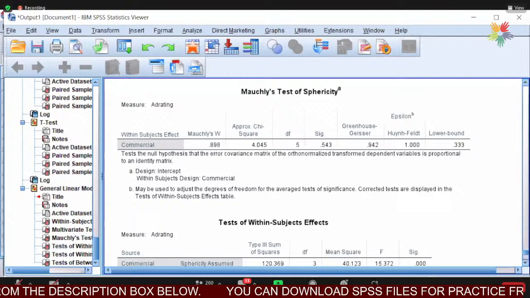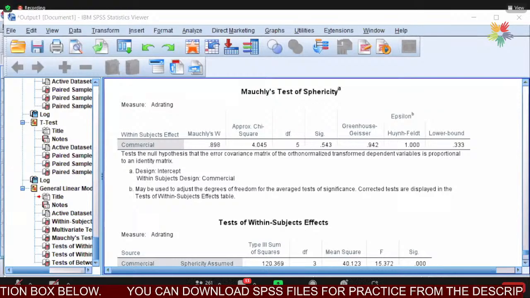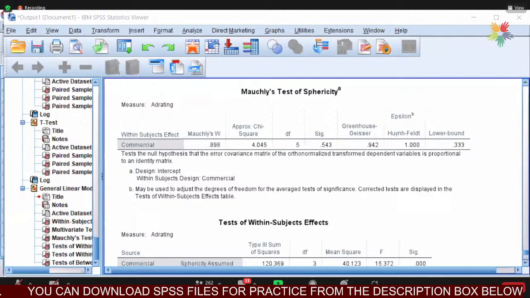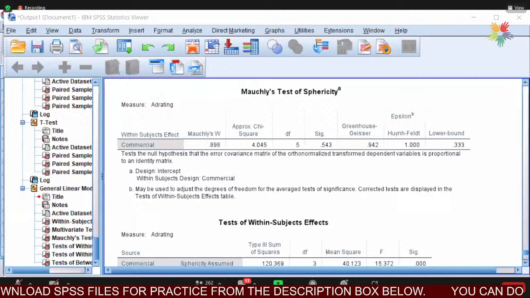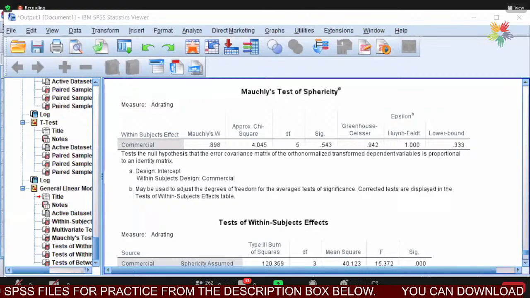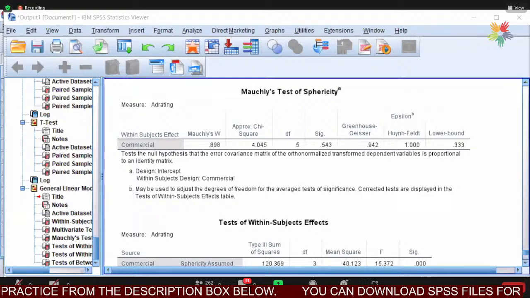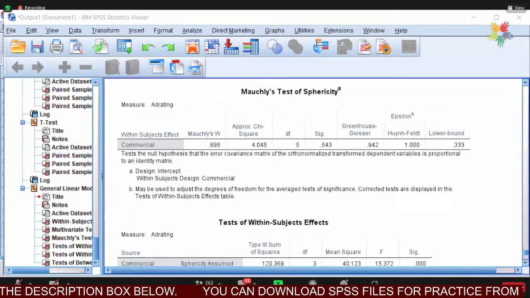So the sphericity condition is where the variances of the differences between all combinations are equal. This means the population variance of all possible difference scores: commercial 1 and 2, 1 and 3, 2 and 3.